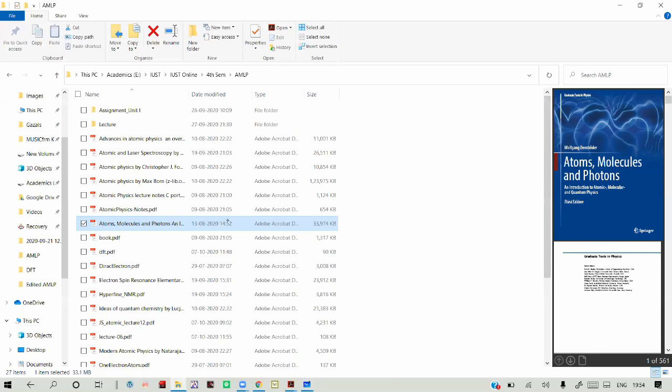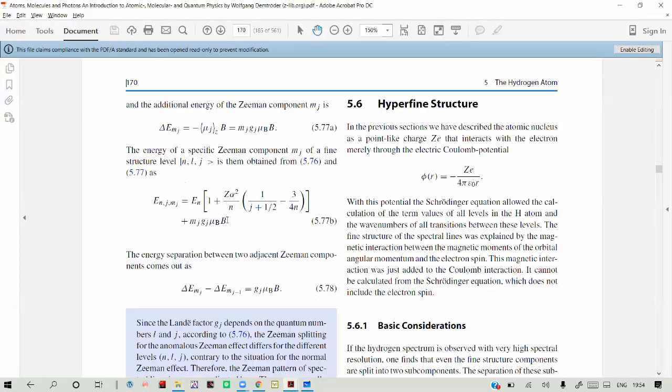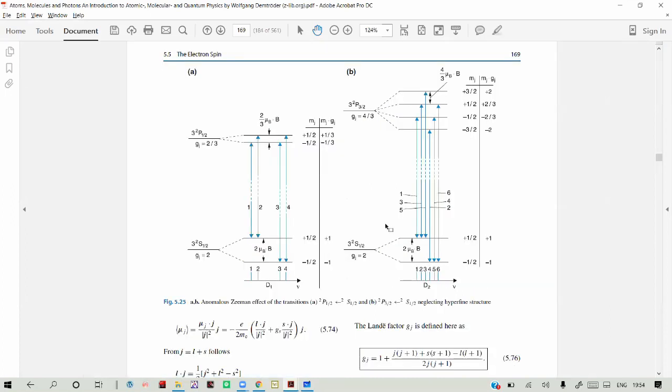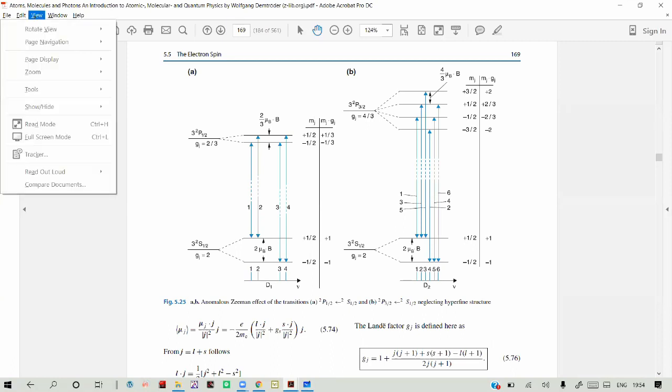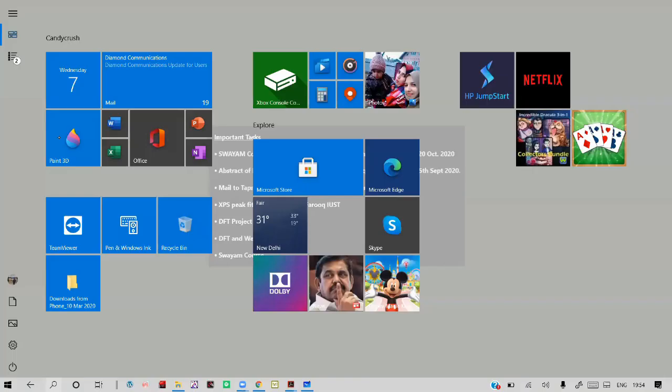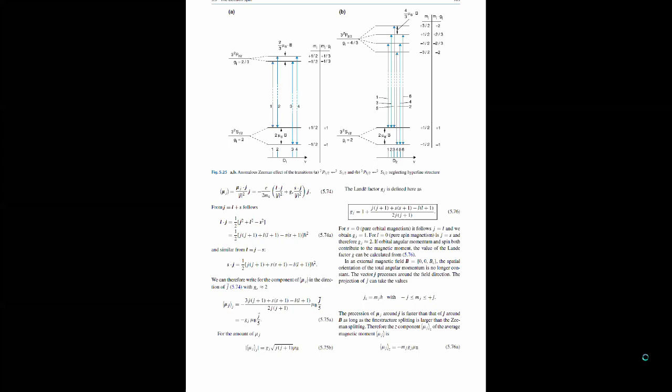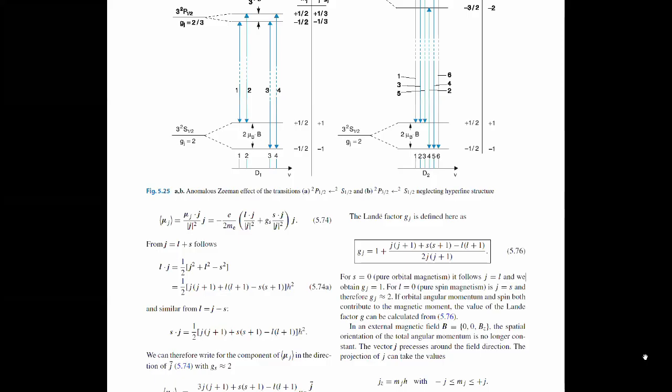Yeah, here it is. Can you see this diagram? Yes, sir.